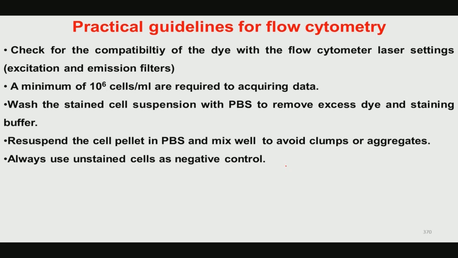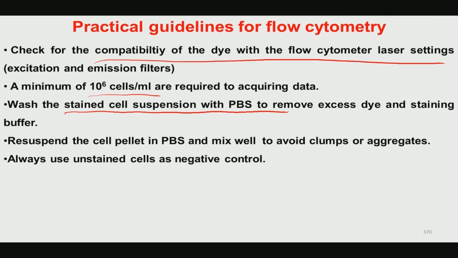Okay. So, certain guidelines for the flow cytometry analysis. First, you have to check the compatibility of the dye with the flow cytometer laser settings, like excitation and emission filters. Typically 10 to the power 6 cells per milliliter are required to acquire data, and one has to wash the stained cell suspension with phosphate buffered saline to remove excess dye and staining buffer, and resuspend the cell pellet in PBS and mix well to avoid clumps or aggregates.